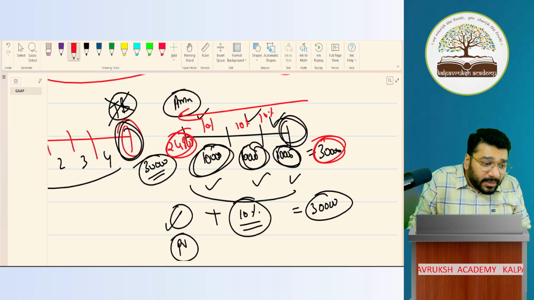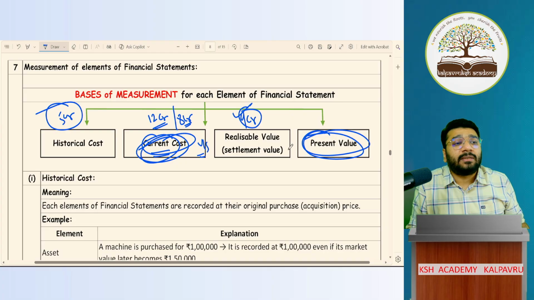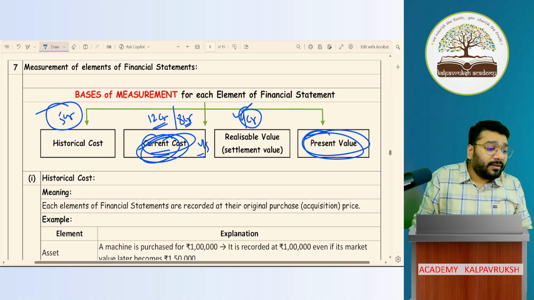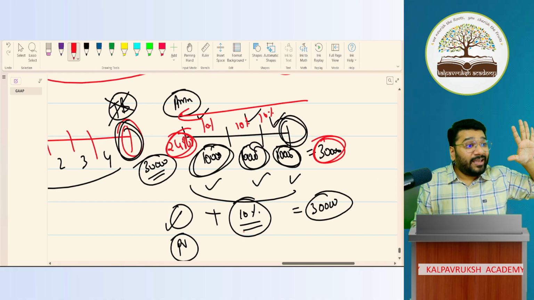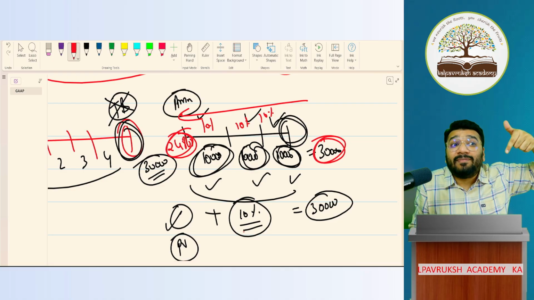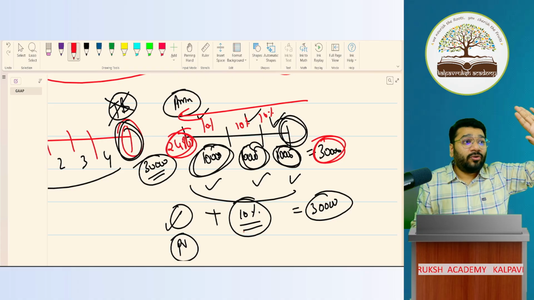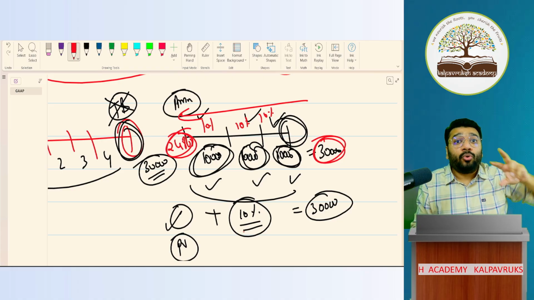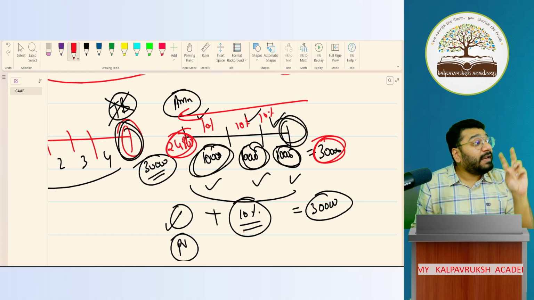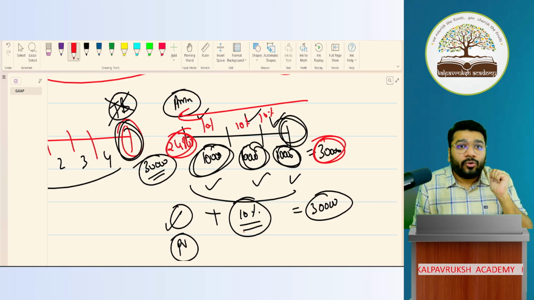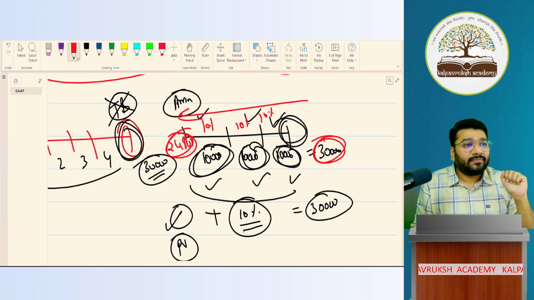A similar concept is applied here, the present value concept. Now, this building has a historical cost of 5 crore. What is the realizable value if I sell today? 9 crore. We can derive the worth of the building in one more way: the present value method.